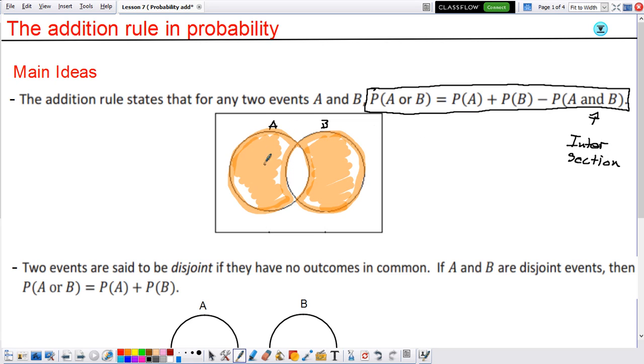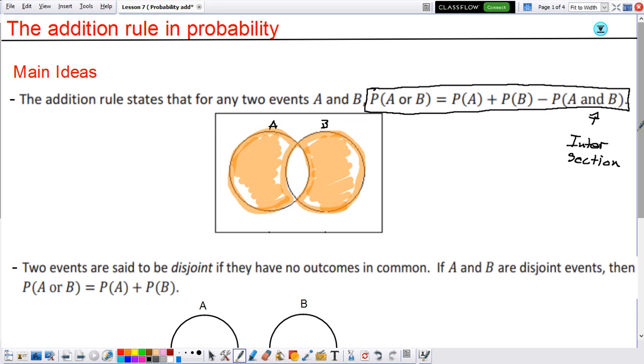So you want to find just the regions that we shaded here. That's the circle of A plus the circle of B minus the middle. And that's what this formula says: P of A or B equals P of A plus P of B minus P of A and B. So it is pretty important for you to get familiar with this formula.